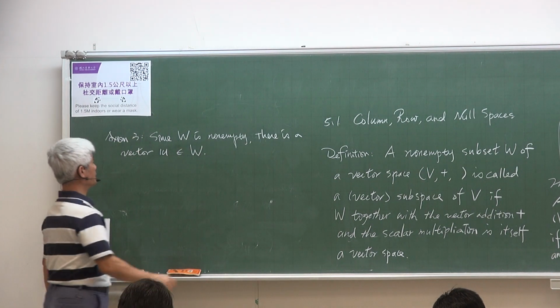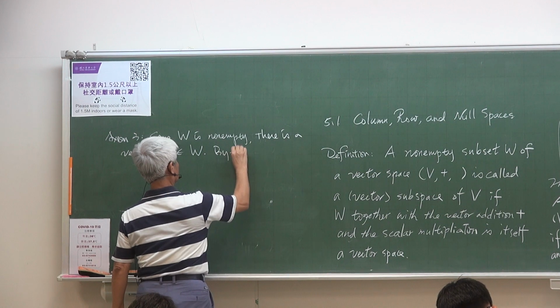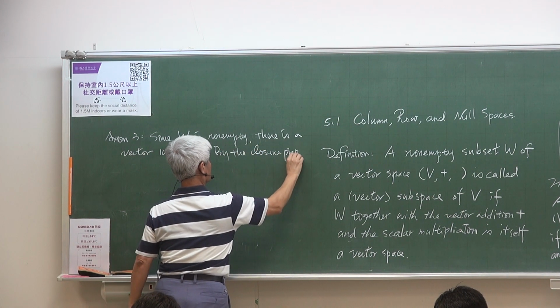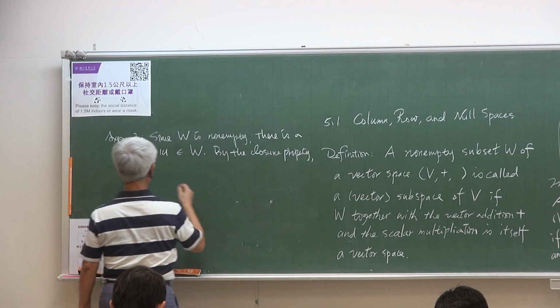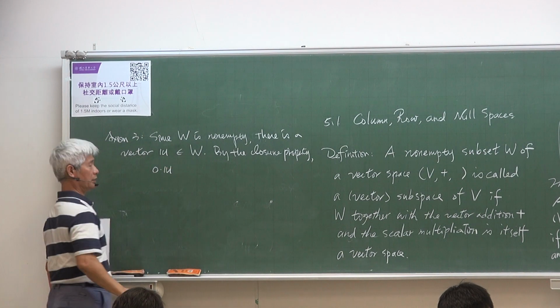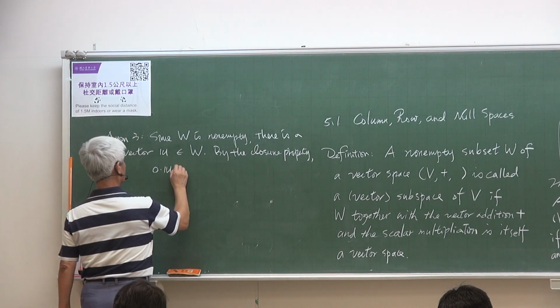Okay? Now by the closure property, zero scalar multiplier with u, right?